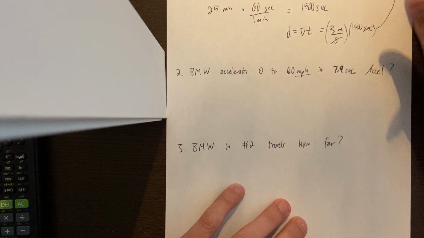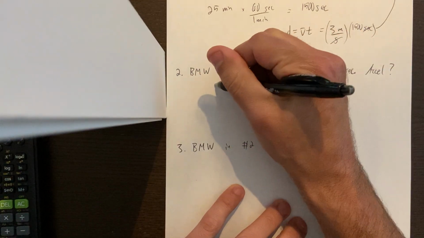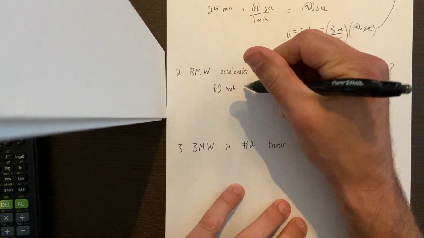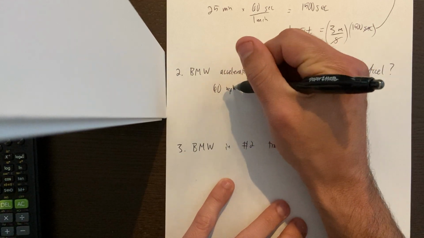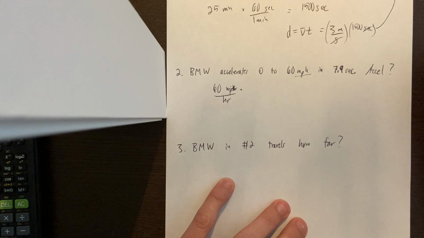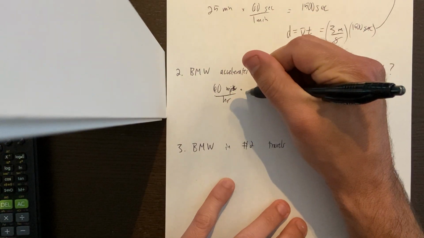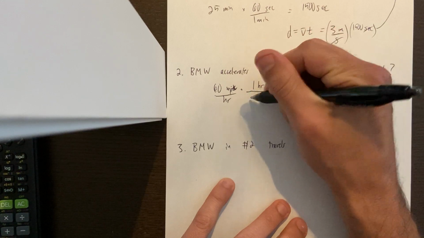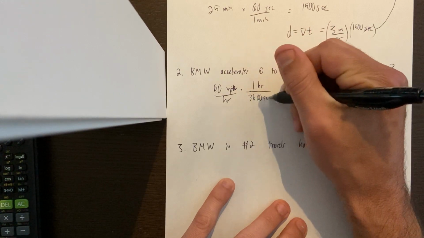So, yeah, let's do that. 60 miles per hour times, let's do it this way. Miles an hour there. And then we're going to, let's see, how many seconds? We know that in 1 hour, there are 3,600 seconds.